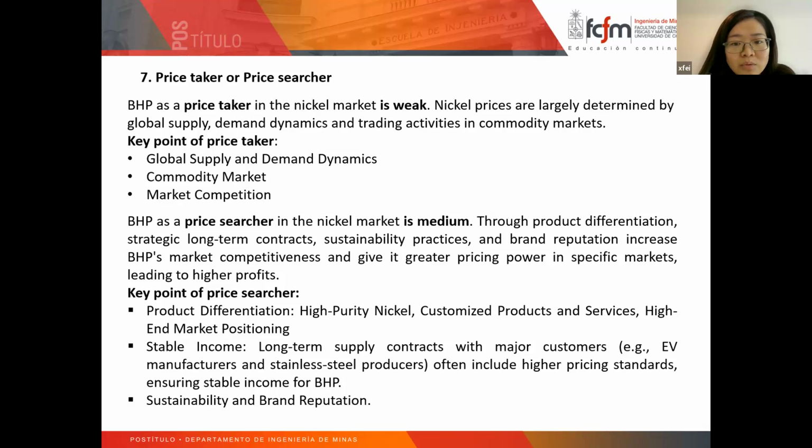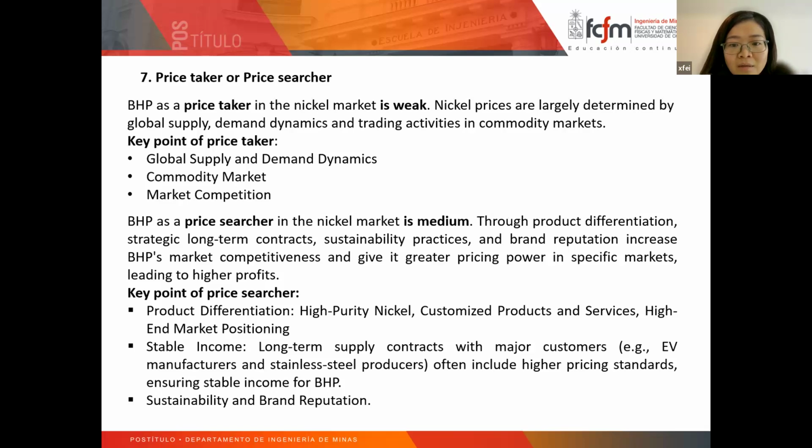In addition to BHP, there are other major producers like Norilsk Nickel, Vale, and Glencore, and Jinchuan Group. As a result, BHP can't single-handedly affect price movement.